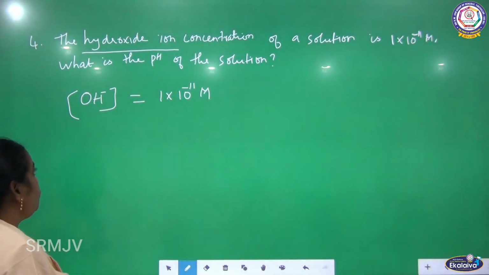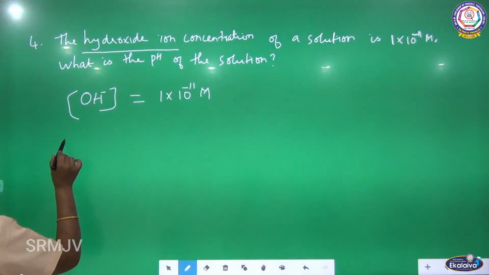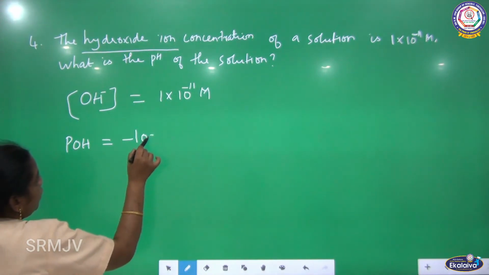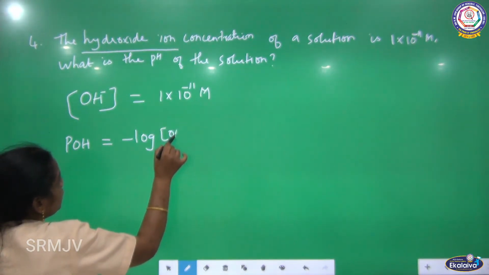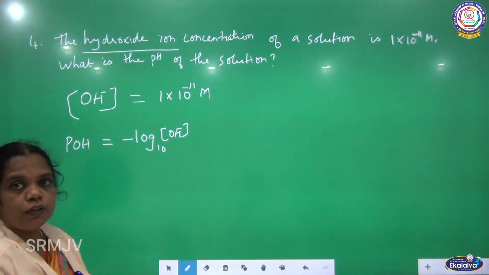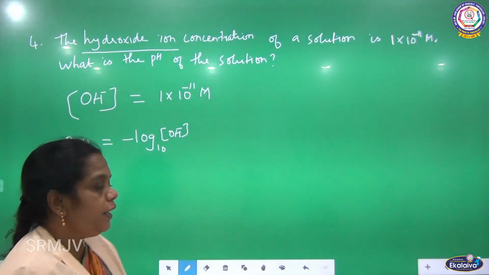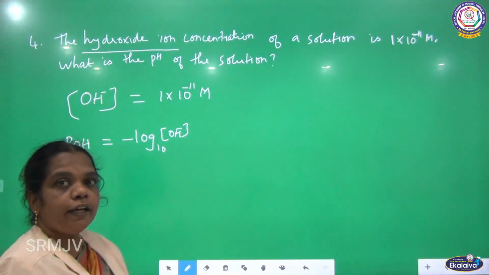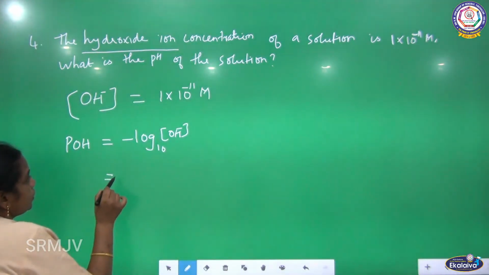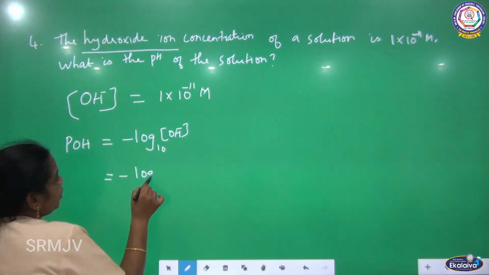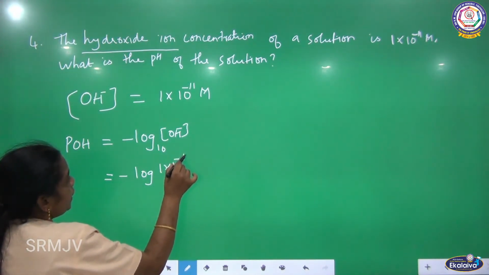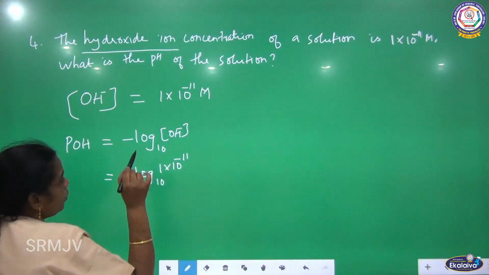So first we have to find out the pOH. pOH equal to negative log of OH minus ion to the base 10. Now you substitute the value of concentration of hydroxide ion, or you can say hydroxyl ion anyway. Negative log of 1 into 10 to the power minus 11 to the base 10.